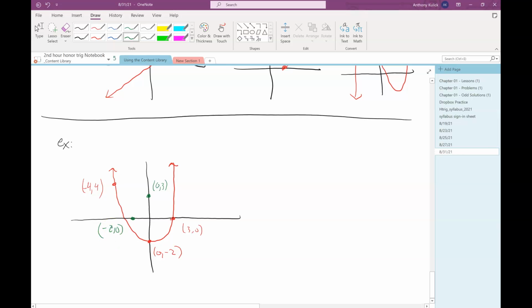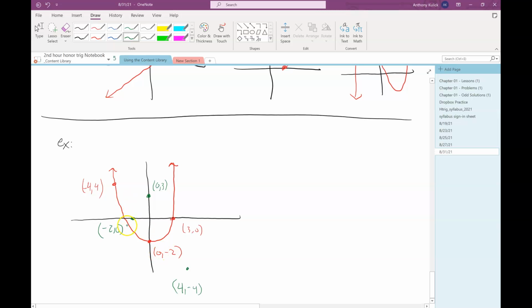Okay. And then negative 4, 4, so then I have 4, negative 4 as my last point, right? You guys agree with that?